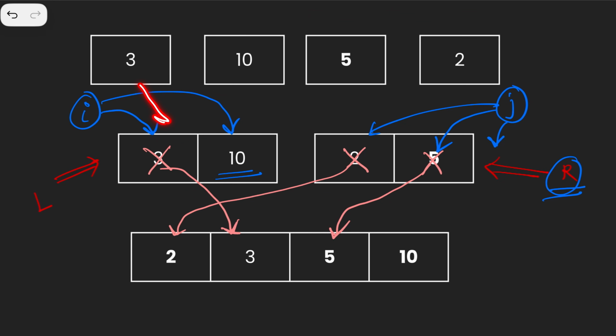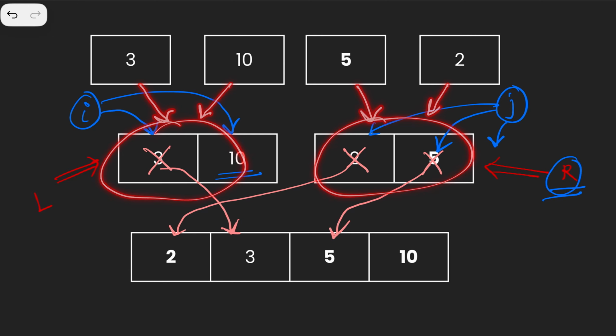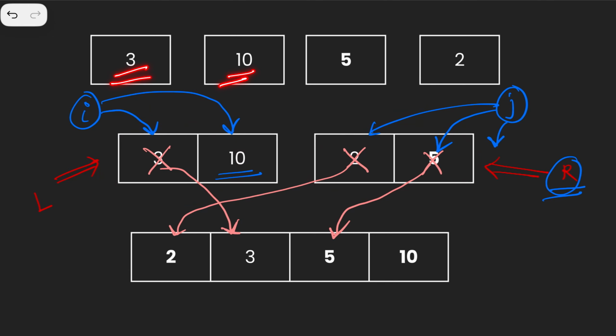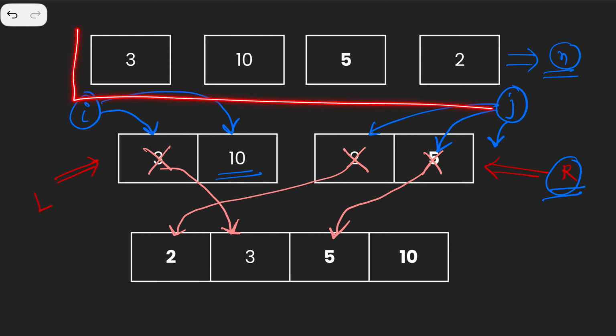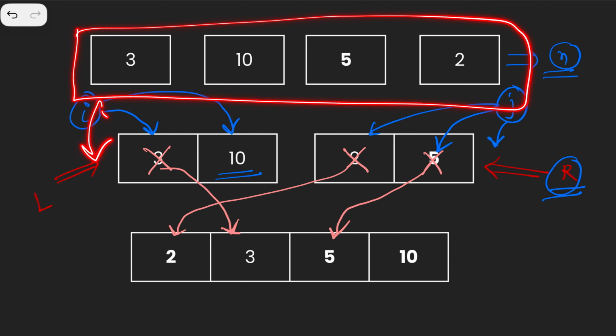Remember, we merged 3 and 10 to get this array, and we merged 5 and 2 to get this array, and we processed every single element once. Correct? So how many elements are there? At every single stage we have exactly n elements. So the time complexity of moving from one stage to another stage will take O of n time.